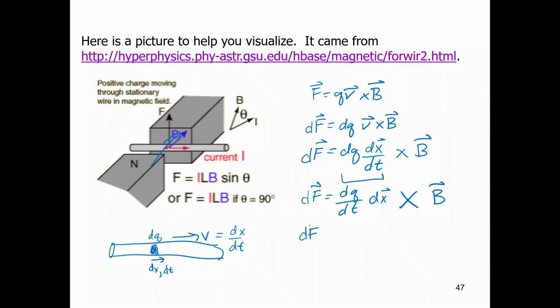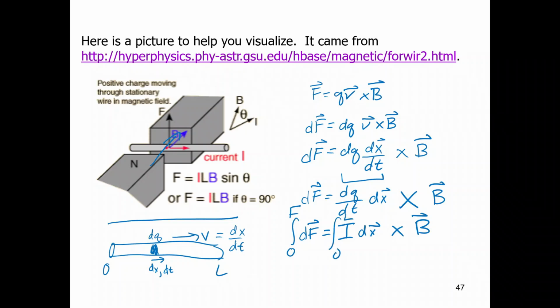So I get that dF is equal to I dx cross B. But that's only due to this one little section. So I want to figure out what it is for the entire wire. So if I want to find my whole force, I'm going to integrate from 0 to L.